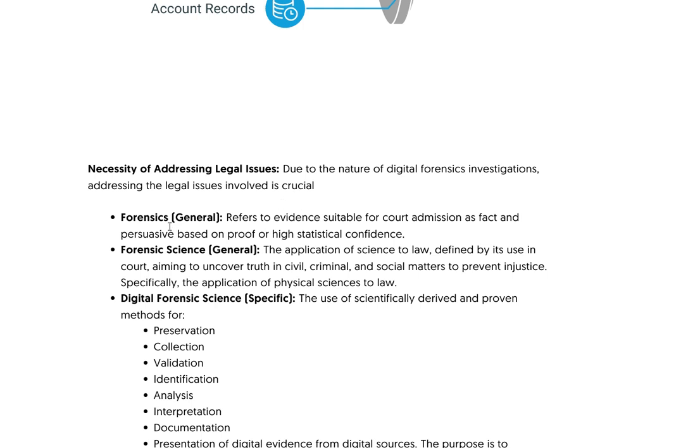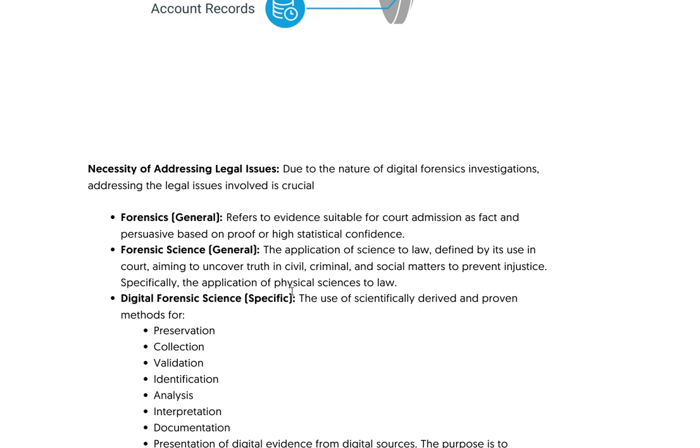One is forensics in general, and then forensic science and digital forensic science. Forensic in general means evidence suitable for court admission as fact, pursuable based on proof or high statistical confidence. Forensic science is the application of science to law, defined by its use in court, aiming to uncover truth in civil, criminal, and social matters to prevent injustice.